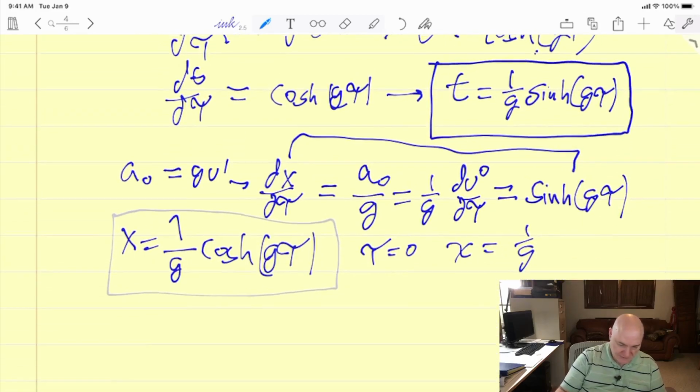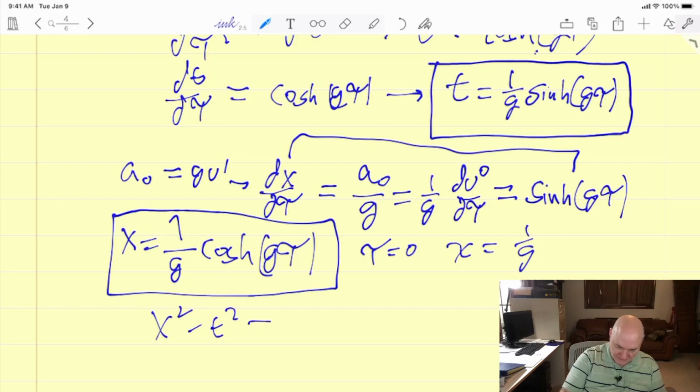And now we can simply write x squared minus t squared is equal to 1 over g squared times hyperbolic cosine squared g tau minus hyperbolic sine squared g tau.